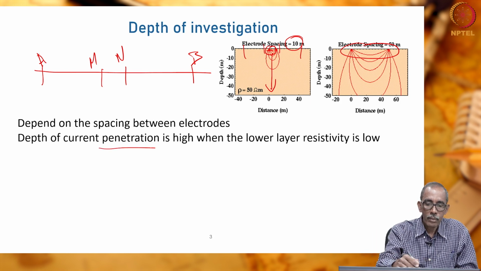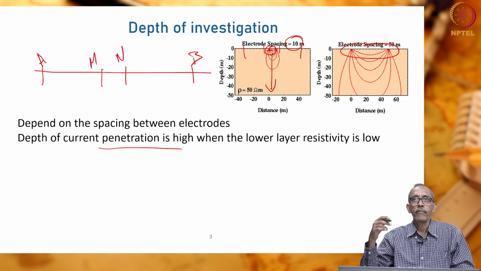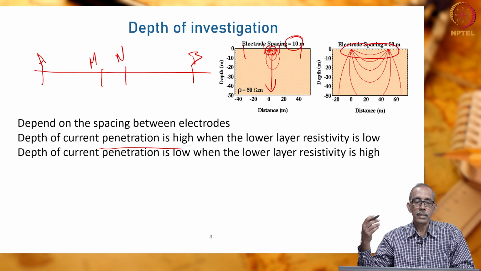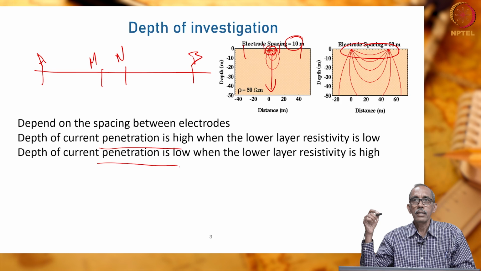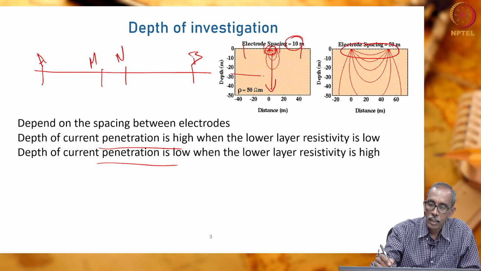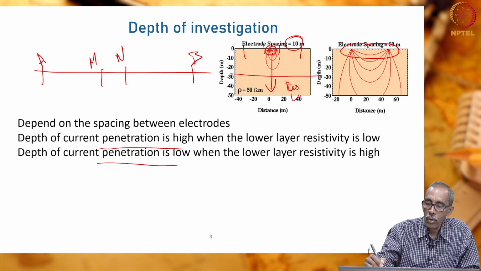Depth of current penetration is high when you obviously have a low resistivity layer. When the lower layer has low resistivity, then penetration of current will be much higher. Depth of current penetration is low when the lower layer resistivity is very high. For example, there are two layers. When the resistivity is low, more current will pass here.